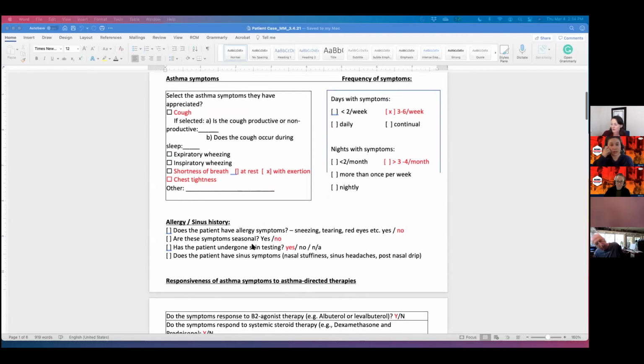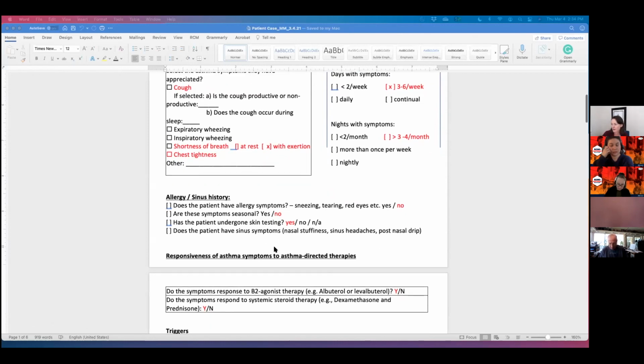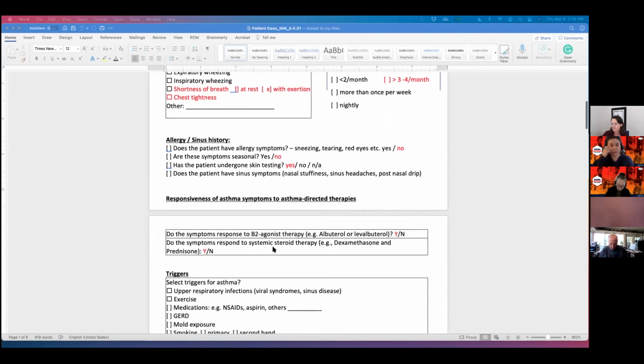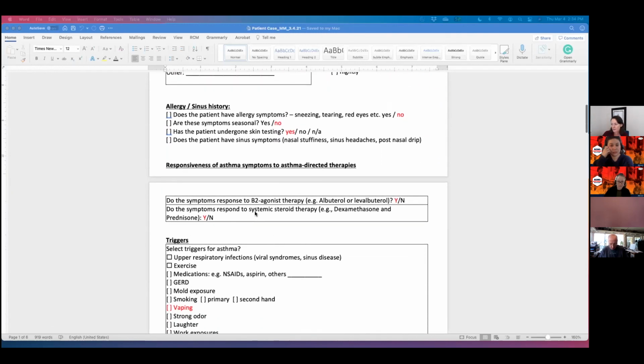She had undergone RAST testing, which I'll show you in a minute. So not allergy skin testing, but testing to try to understand her allergic profile, and she didn't have any allergy symptoms specifically at the time when I first saw her. She did appreciate improvement with albuterol, and she definitely appreciated improvement with steroids.